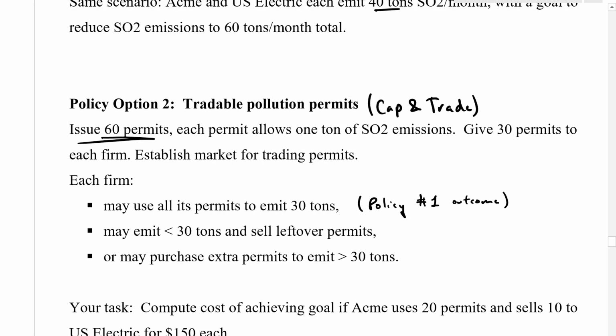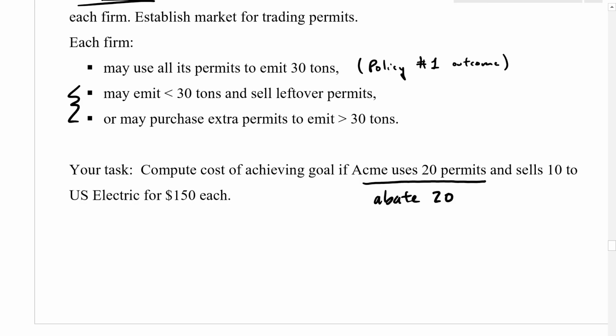And so let's suppose that Acme is going to use 20 permits out of 30. So it's going to use 20 and abate 20, because remember, both firms start at 40. And then because it was given 30, it sells the remaining 10 to US Electric for $150 each.